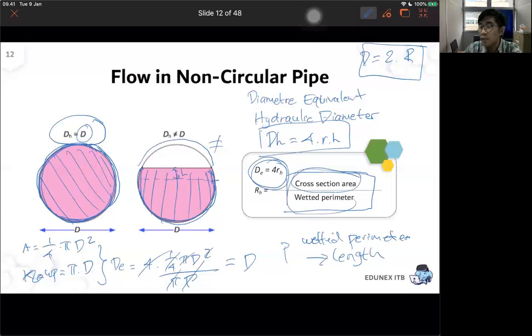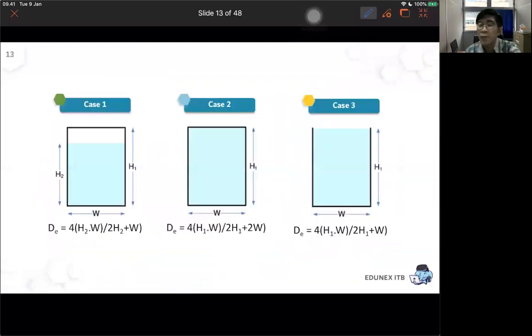Okay, this is still for the circular pipe, but the liquid is not fully filling the pipe. Or you may see a case like this one. The liquid will travel through the pipe, but the cross-section is rectangular. It's like the gutter, the water channel at home.